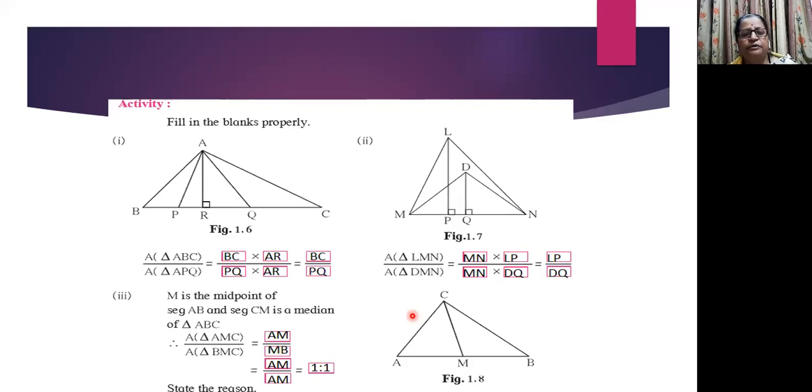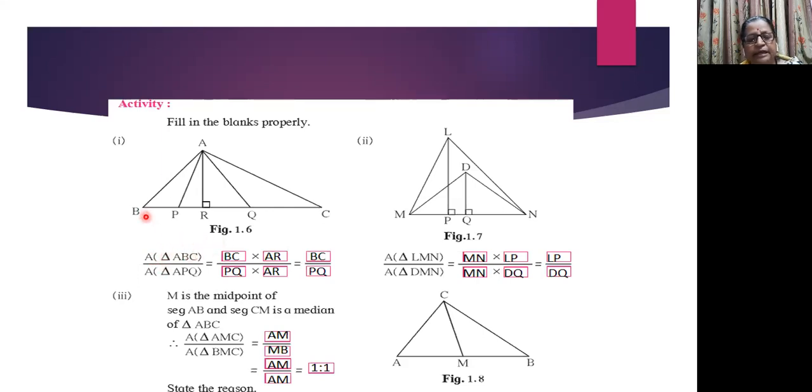Next, we are going to study an example. We have to do the activity in this. We have to fill some blanks. In this, we see triangle ABC and another triangle APQ. According to the properties and conditions we studied, what is common here?